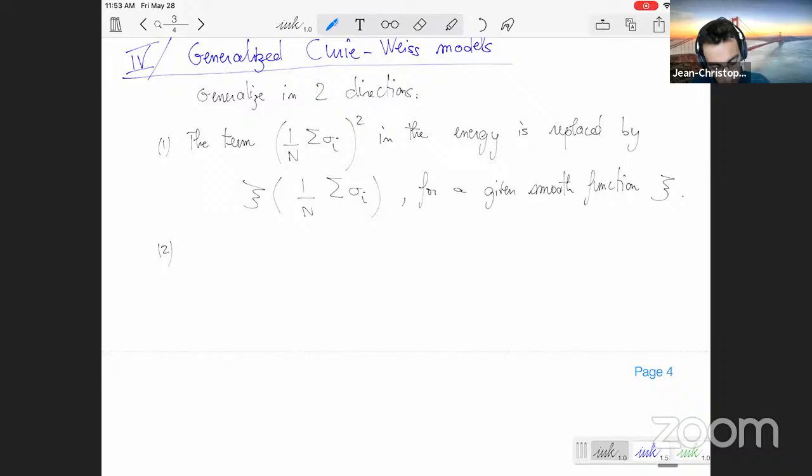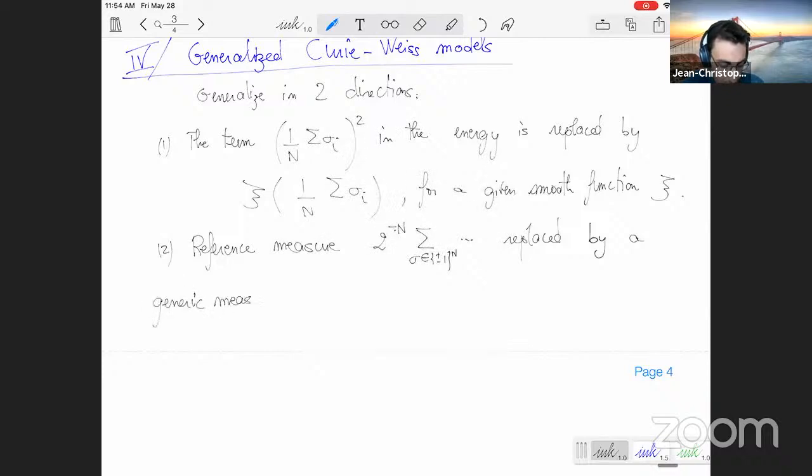So let's say the reference measure, which I was always writing explicitly as 2 to the minus n sum over sigma of blah, blah, blah, is replaced by a generic measure Pn.